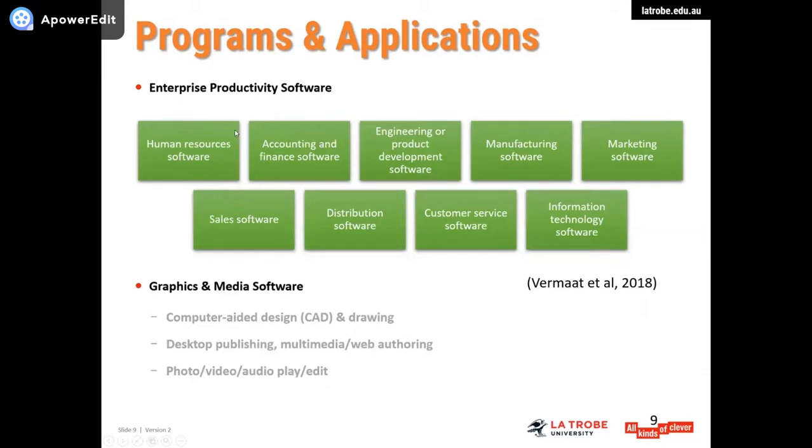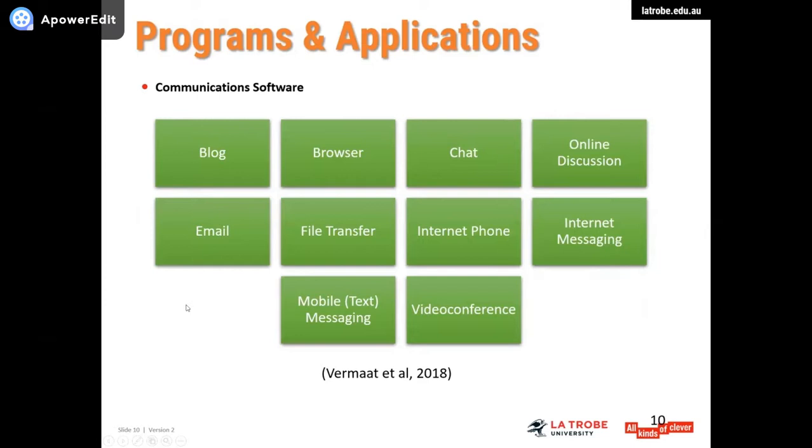And then is the graphic and media software. Same thing as before, you must be able to list at least several of this type of software. And same for the communication software. Then is the system software.